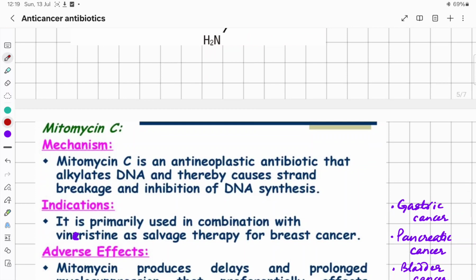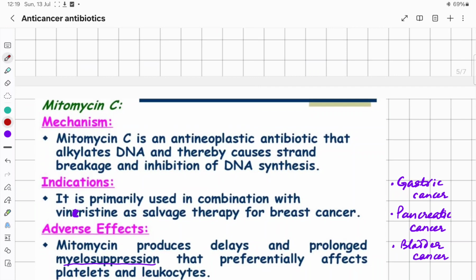As for the mechanism of action, it acts as an alkylating agent, and it alkylates the DNA, thereby causing breakage in the DNA strand and hence inhibition of DNA synthesis.